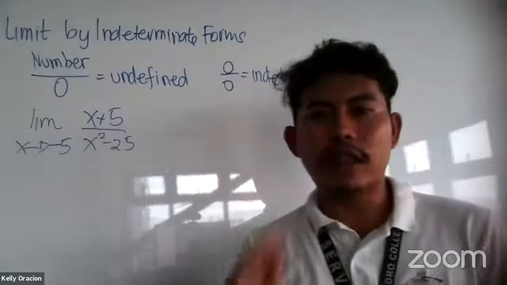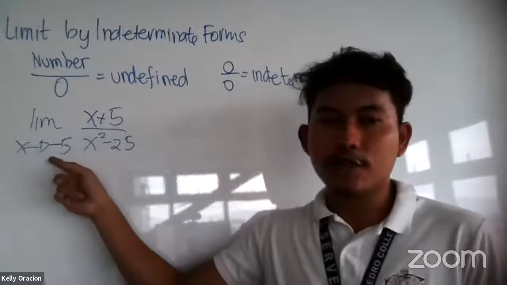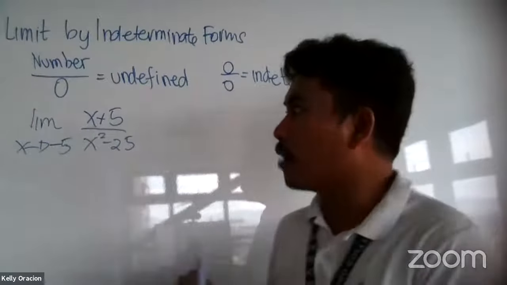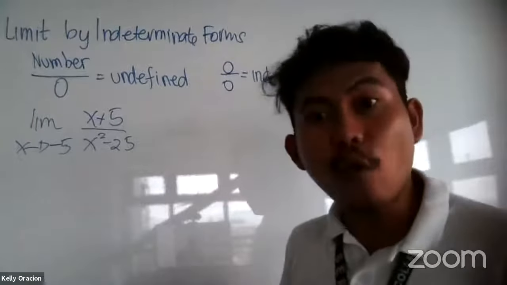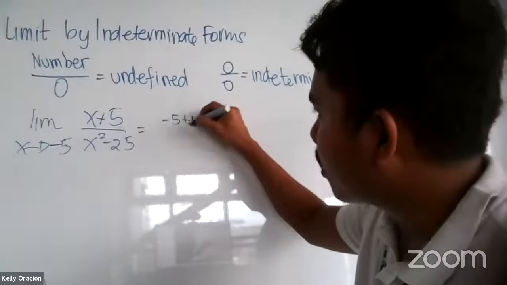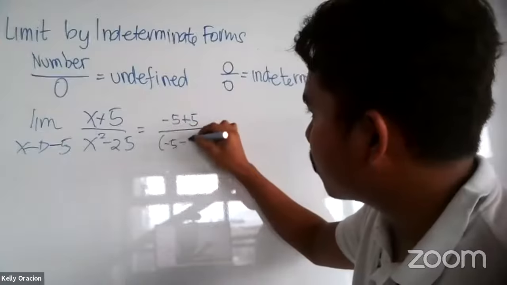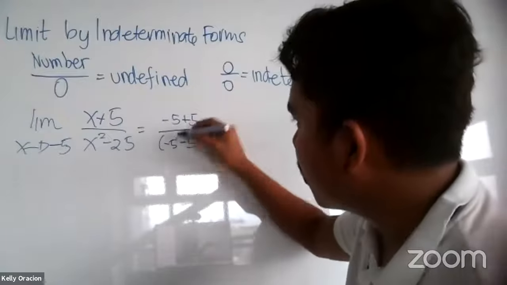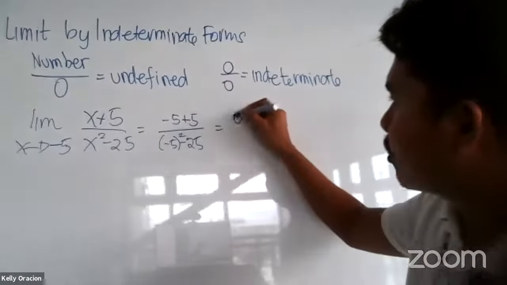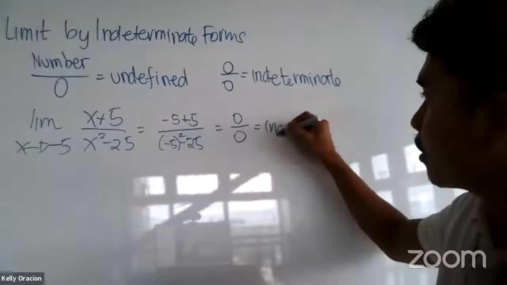Now, class, focus sa denominator. If you're going to substitute the value of our x, which is negative 5, if we are going to perform direct substitution, you have here negative 5 plus 5 over negative 5 squared minus 25, which is equal to 0 over 0, and that is indeterminate.